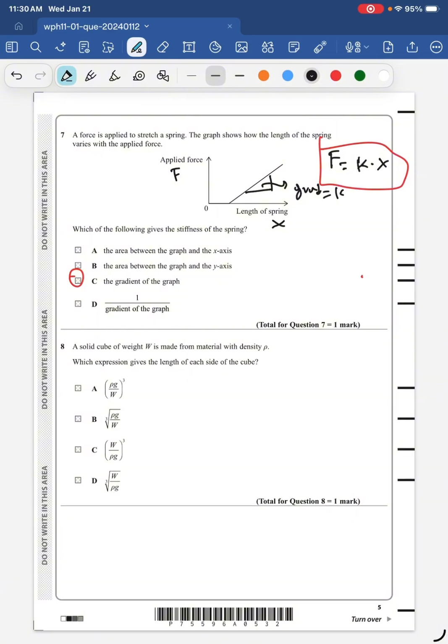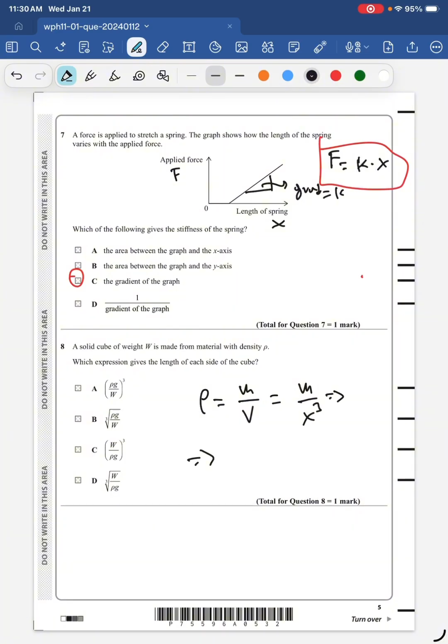Okay, this was easy. A solid cube of weight W is made from material with density ρ. Which expression gives the length of each side of the cube? Density is mass per volume, right? What's the volume of a cube? x cubed, right?